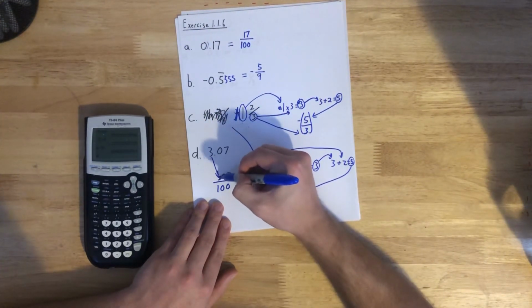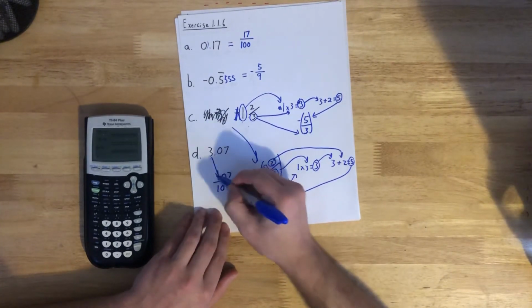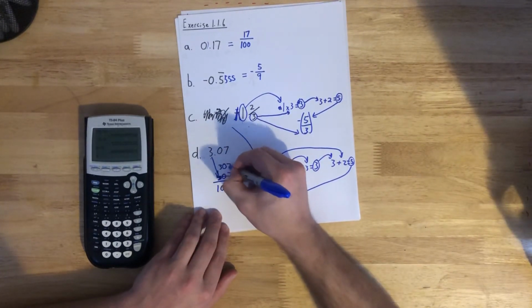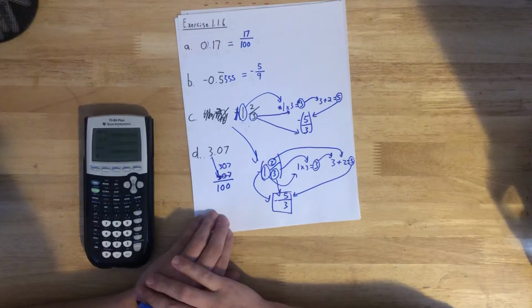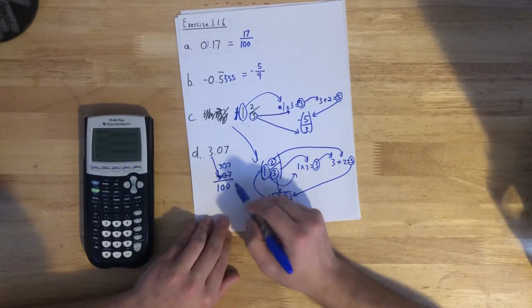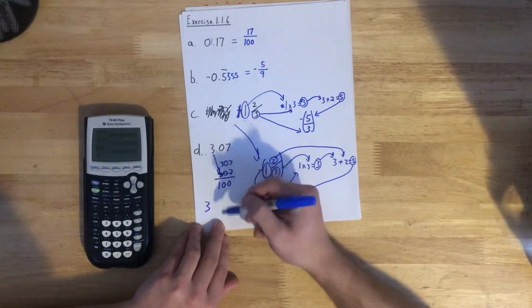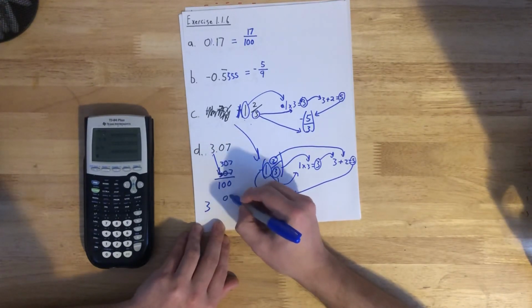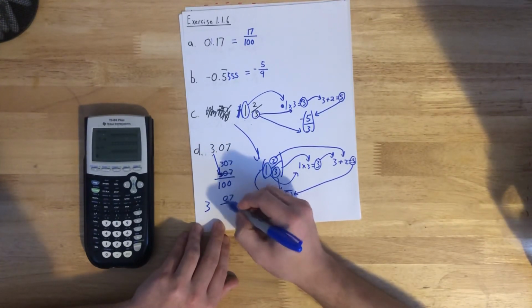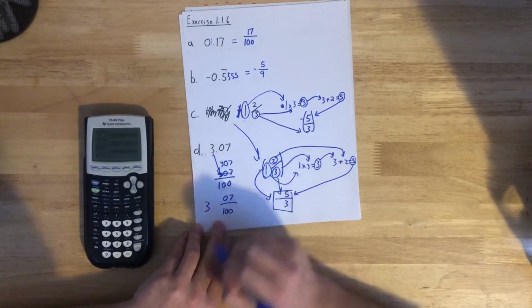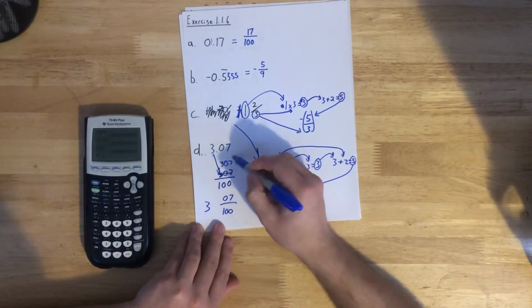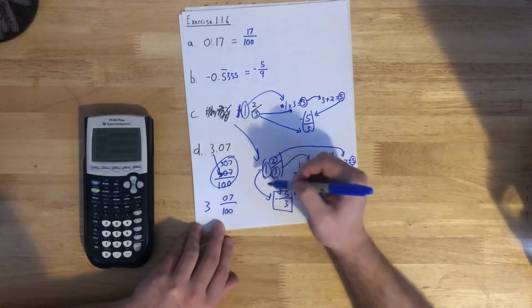That's a really bad 3. 307 over 100. So it's either 307 over 100, or you can take out that 3, divide this whole thing by 3, and it'll be 300, or whatever, over 100. But we're actually looking for this answer in this problem.